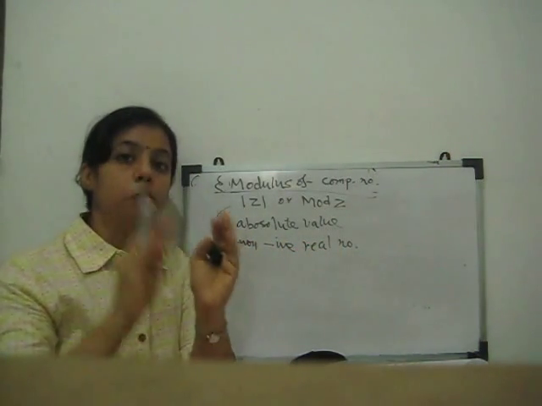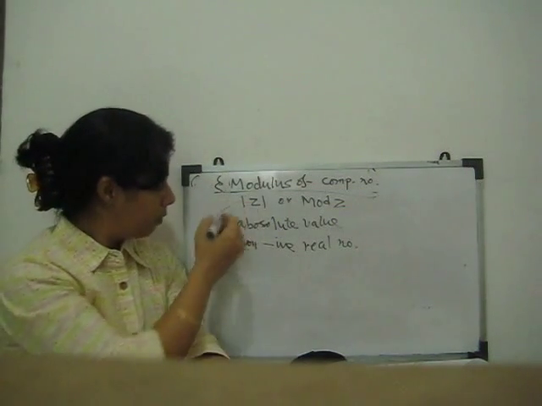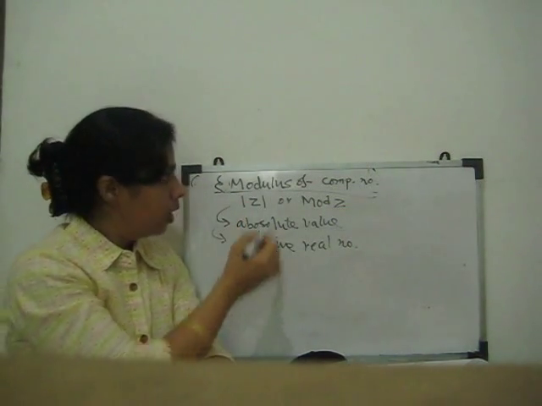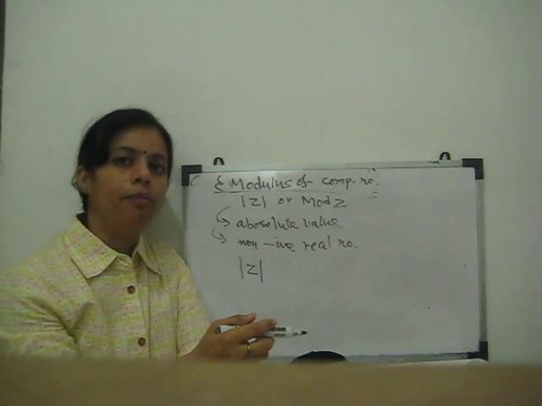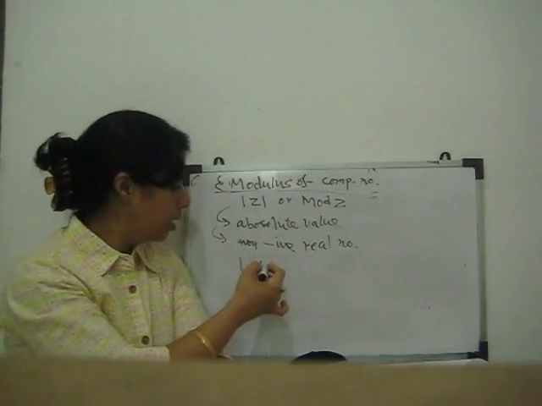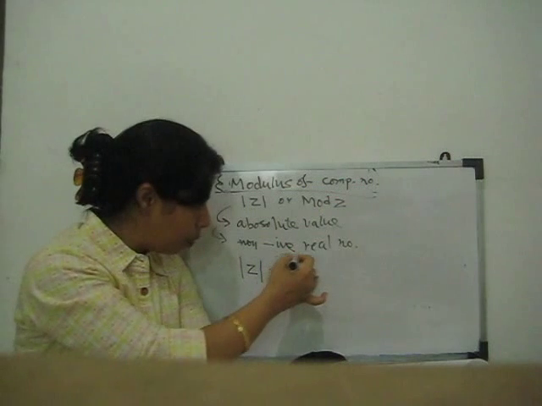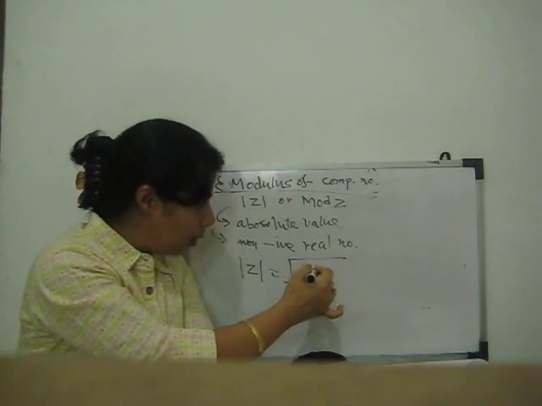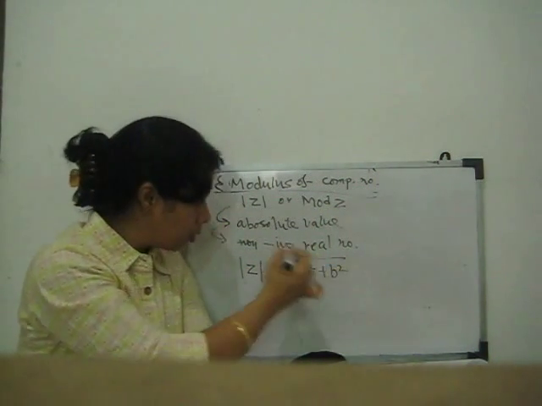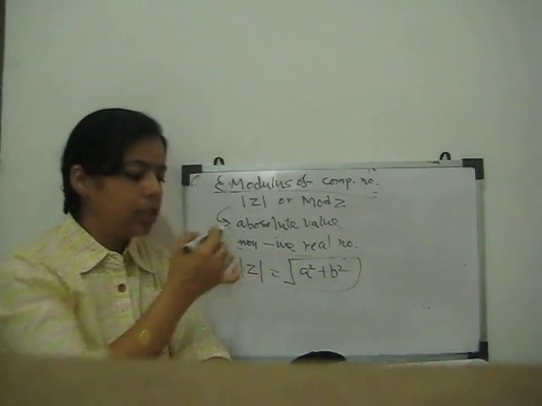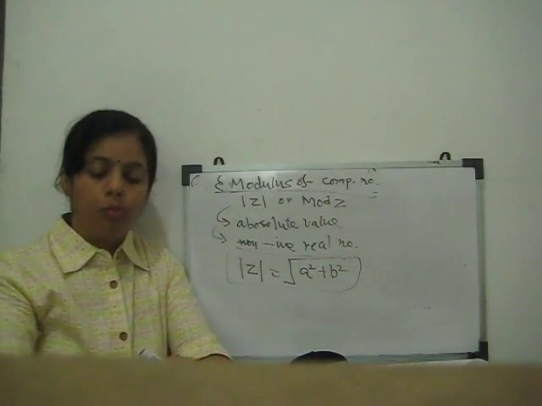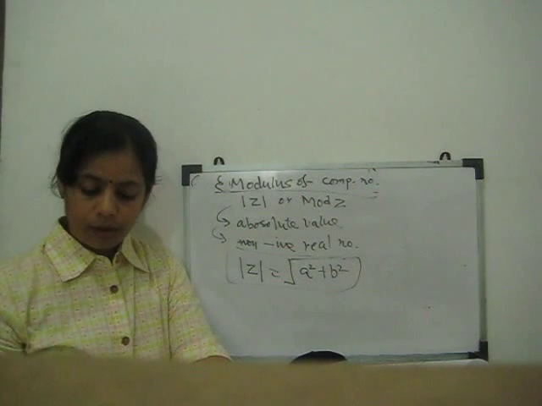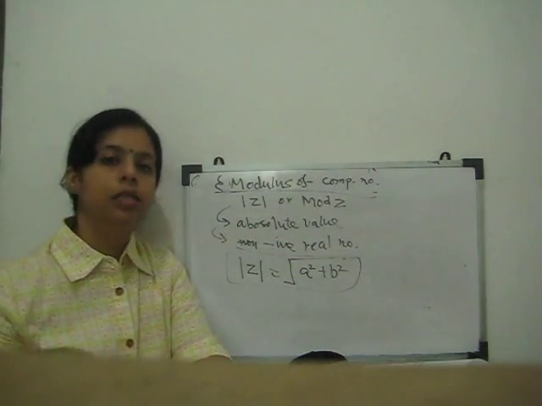Always modulus means a positive number. So what is the modulus of z? If z is (a, b), or a plus iota b, then the modulus of z is given by the square root of a square plus b square.